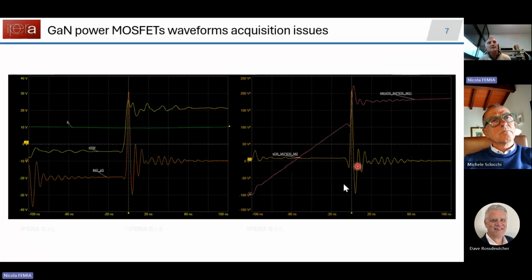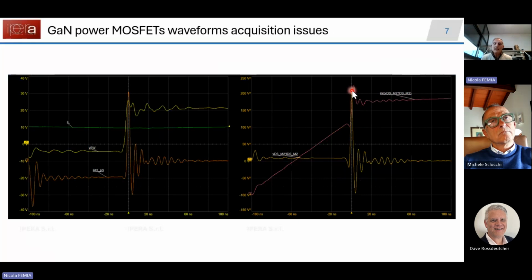In this last slide, I just show you the reality of a commutation in a power GaN. You have very high ringing, especially in certain commutations, and you must be careful to reconstruct the right peak.